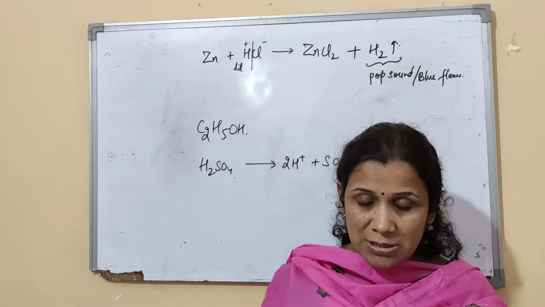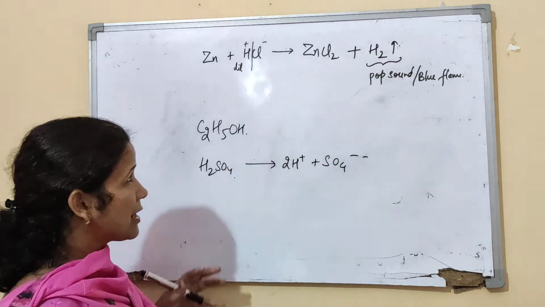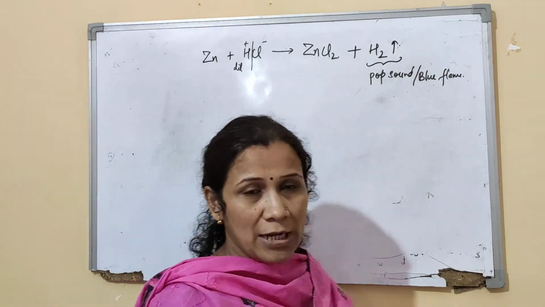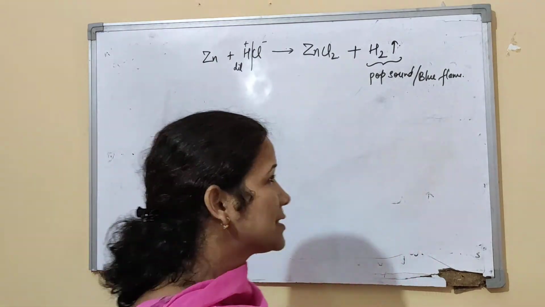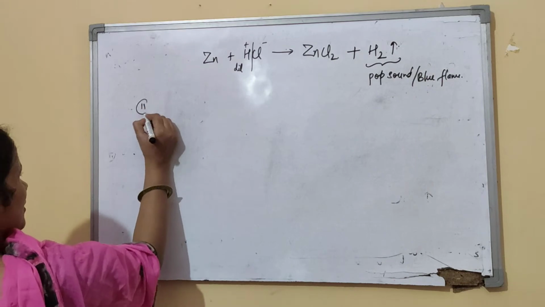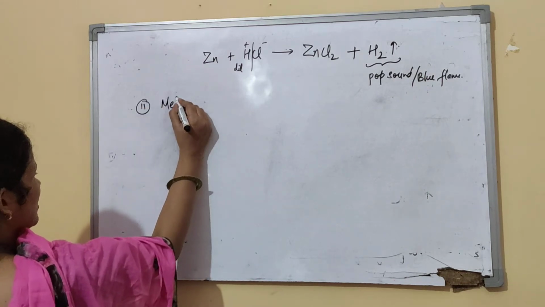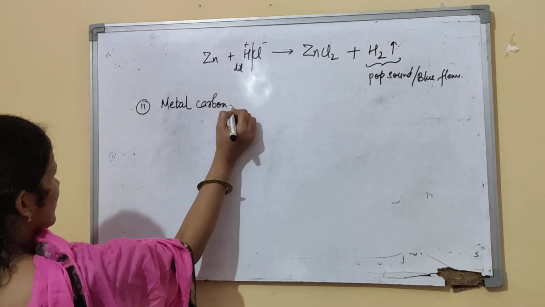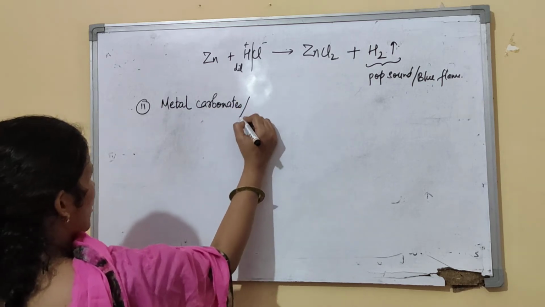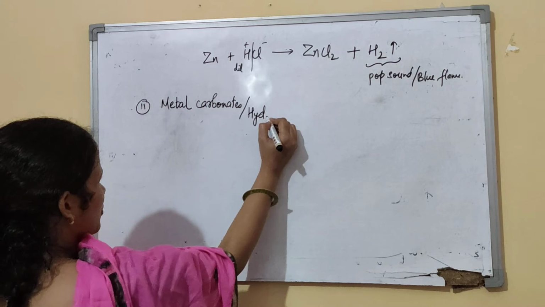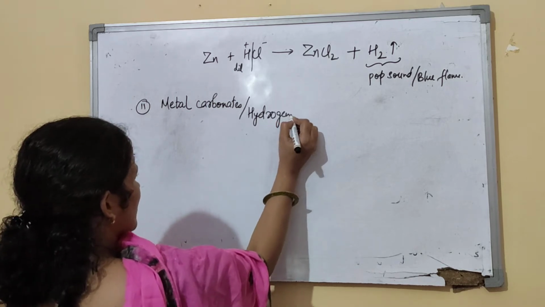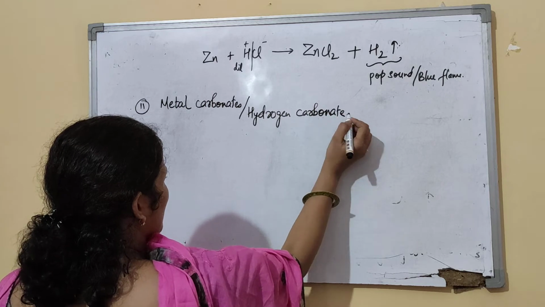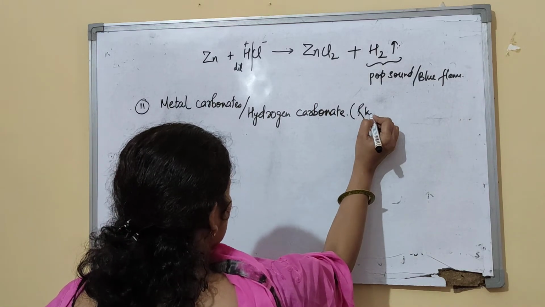So now we will see the second category of reaction. The first we saw was the reaction of any metal with acid. The second we will write: any metal carbonate or hydrogen carbonate reaction with acid.